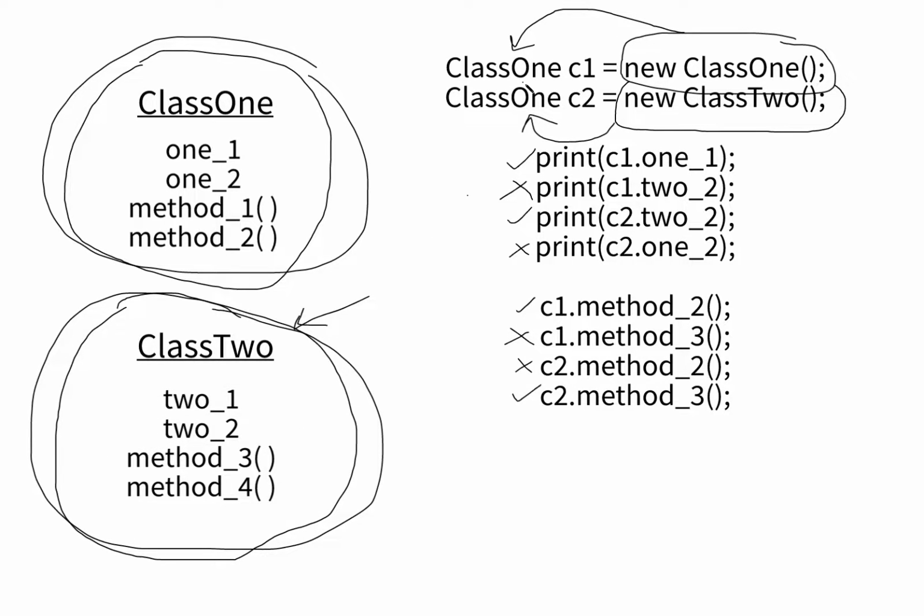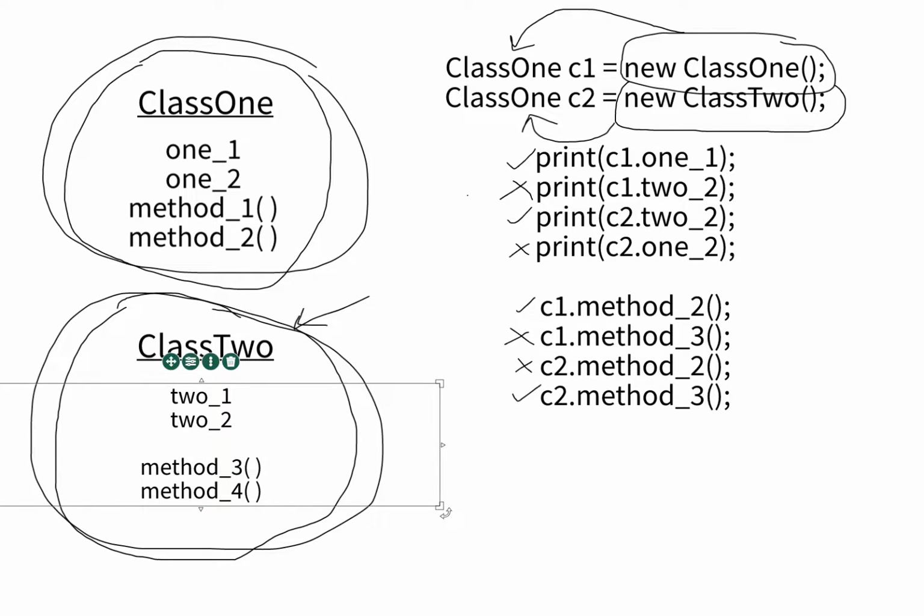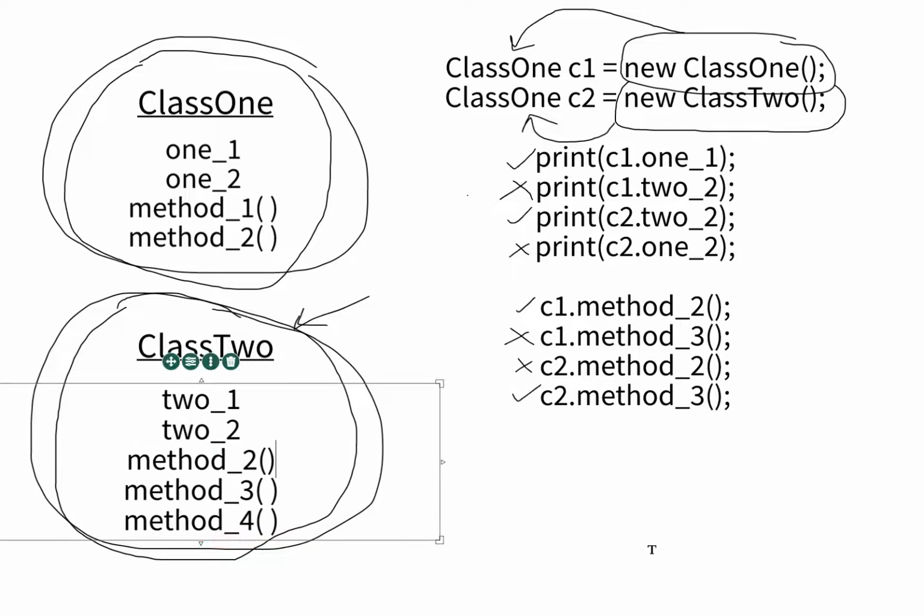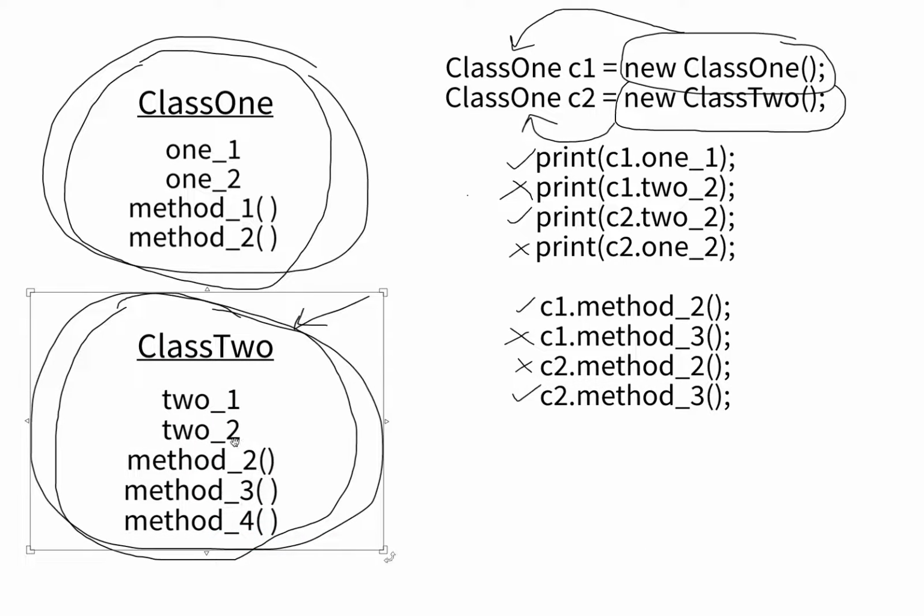Okay. But things get kind of interesting because if I have a method down here that is overriding a method from class 1, then if I do this, right? So I have method 2 defined in class 2, right? And method 2 is also defined here in class 1. Right? So what happens in this situation? Well, C2 is type class 1.